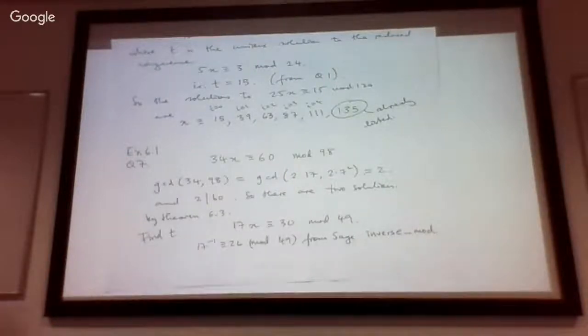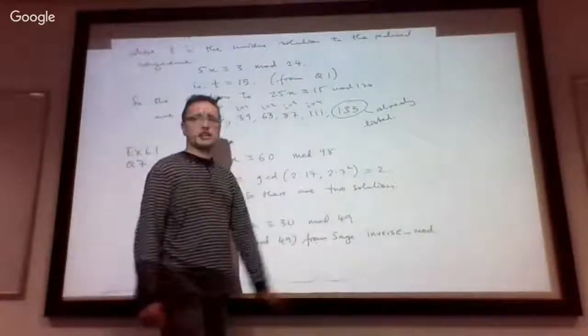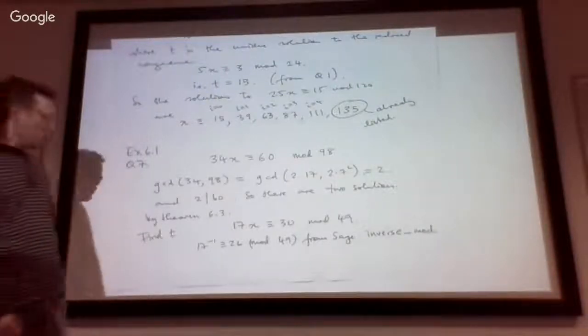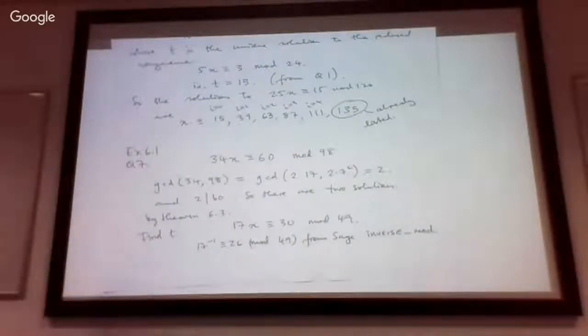There's multiple ways of getting it. You can run the Euclidean algorithm, find the linear combination of 17 and 49 equal to 1, and whatever the coefficient of 17 is, that's a representative of the inverse. Or you can raise 17 to the power of phi of 49 minus 1.